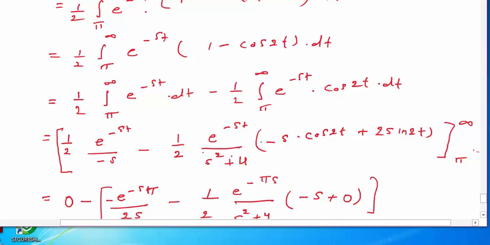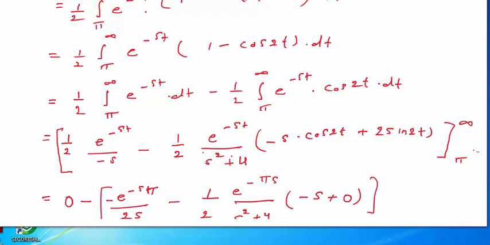We can simplify this as half e raised to minus st upon minus s, integration of this e raised to minus st, minus half of e raised to minus st cos 2t, whose formula is e raised to minus st upon (s square plus 4) into (minus s cos 2t plus 2 sin 2t). Limit is pi to infinity.